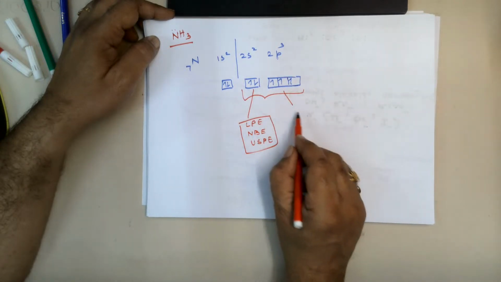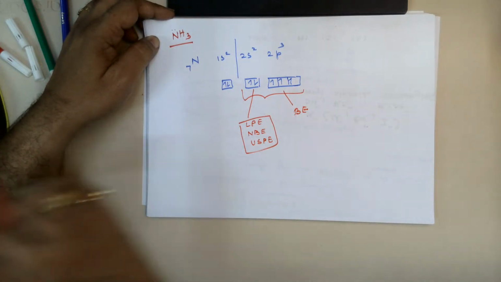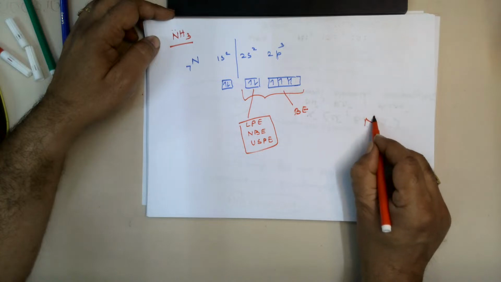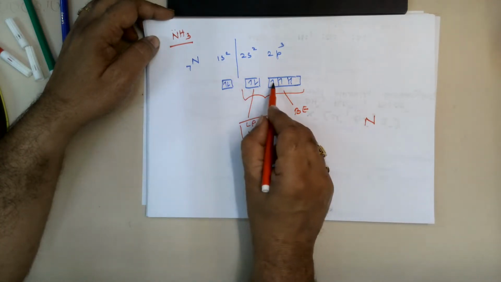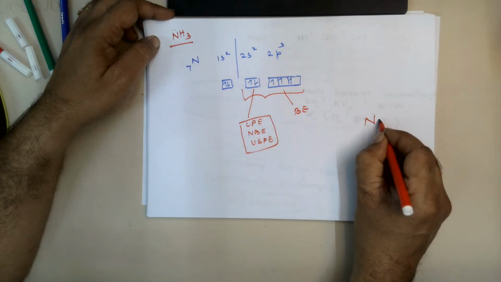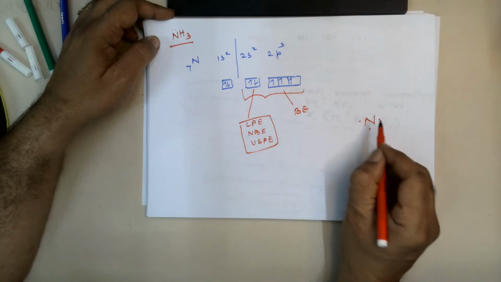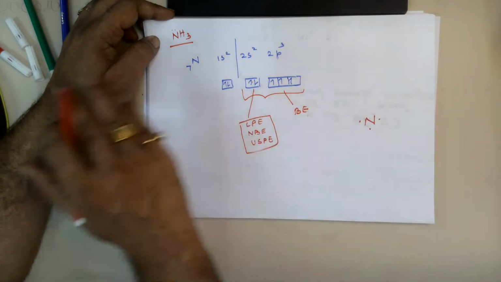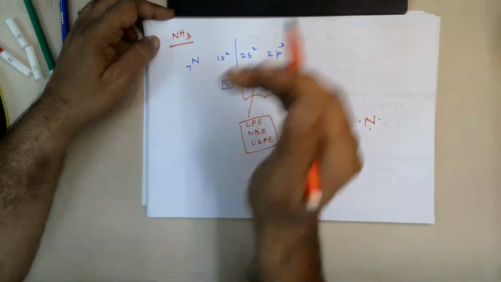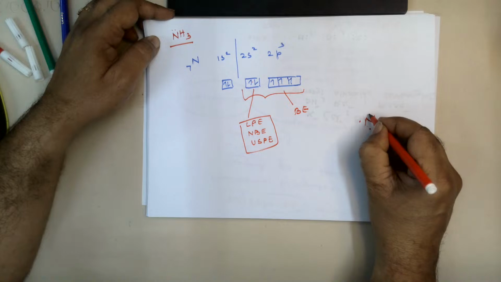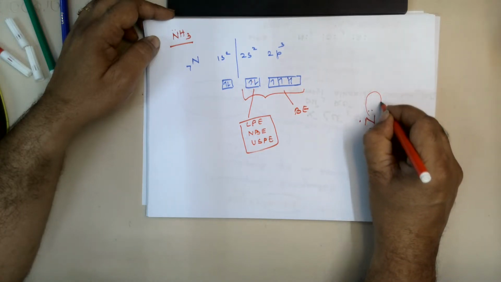Suppose when I draw the structure of ammonia, it has got one electron, another one electron, another one electron, and this pair is non-bonding. It is not involved in bonding. That is why it is called non-bonding. They are kept alone, and that is why it's called a lone pair of electrons. This is represented by a pair of electrons.